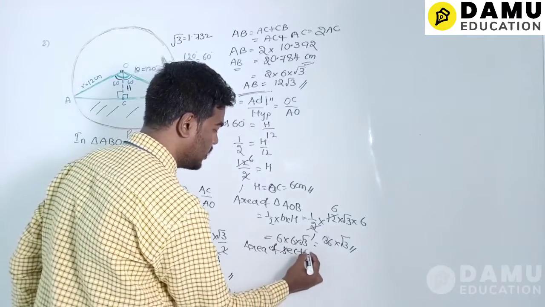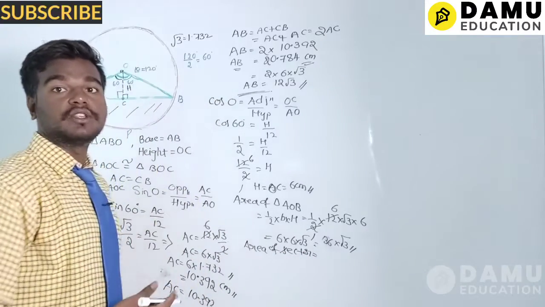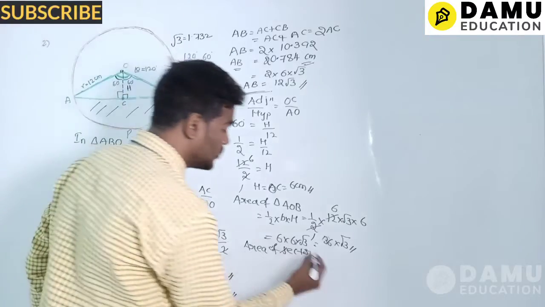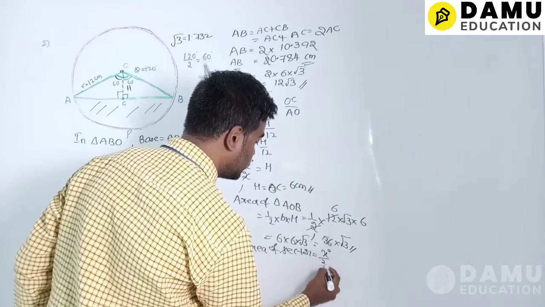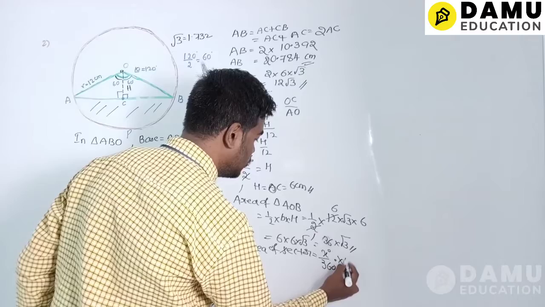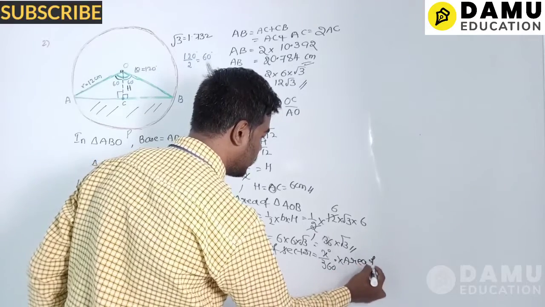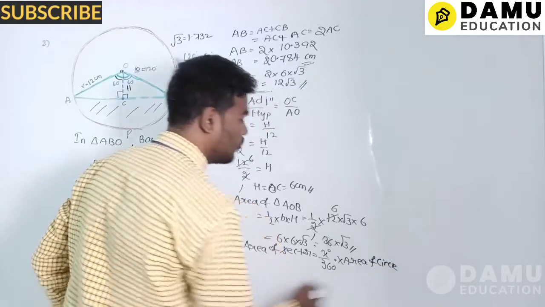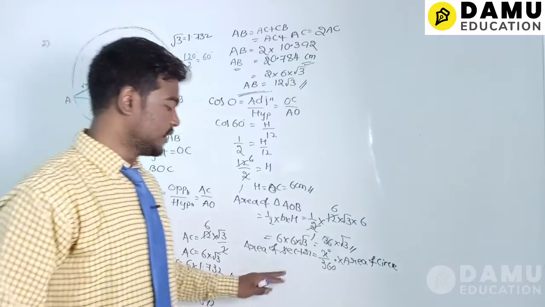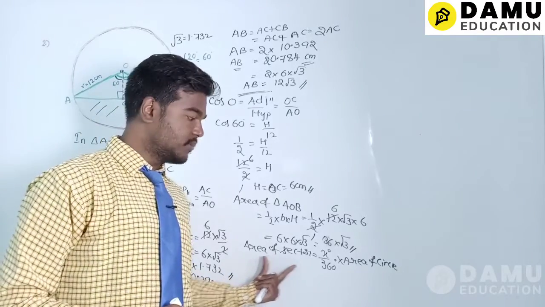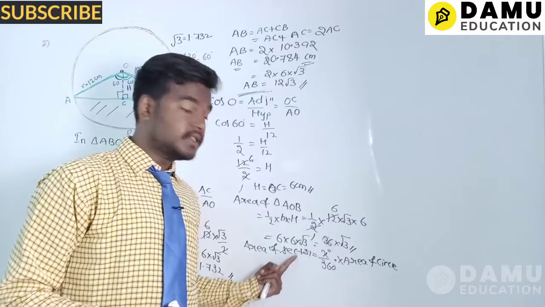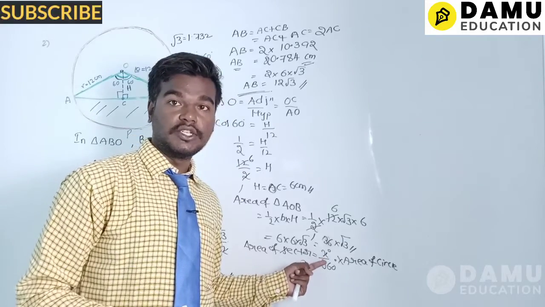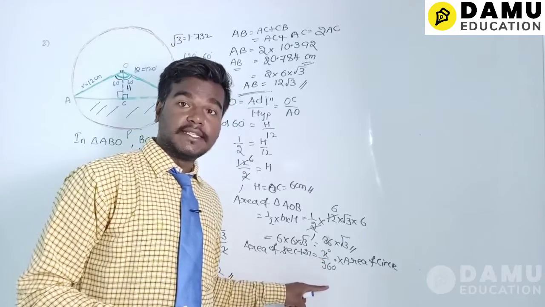Area of sector: I already explained in the first question how we get it. It is x degrees by 360 degrees into the area of the circle. The area of the sector, which makes angle x degrees at the center, is x degrees by a total of 360 times the area of the circle.